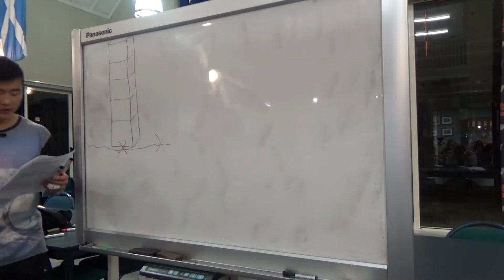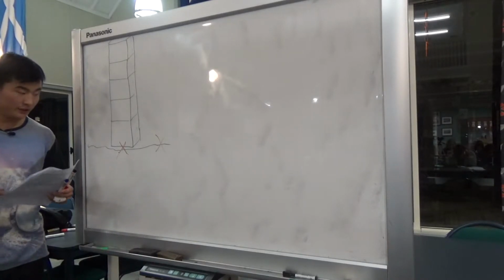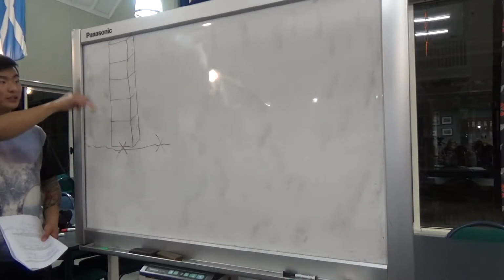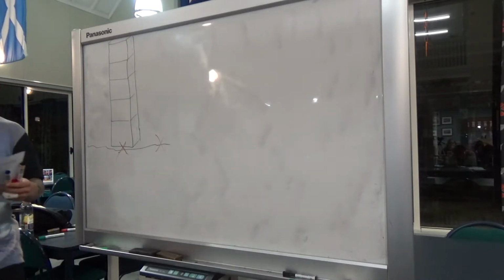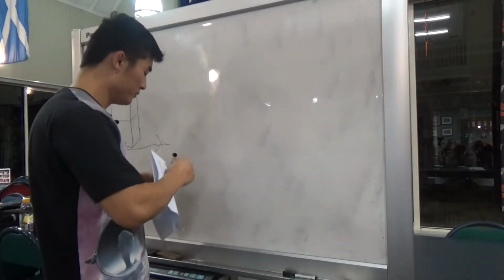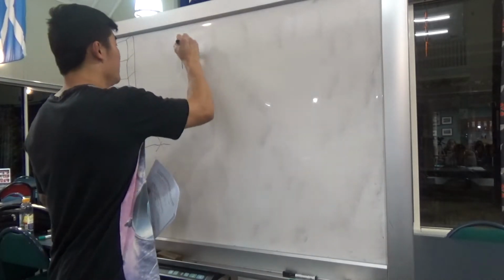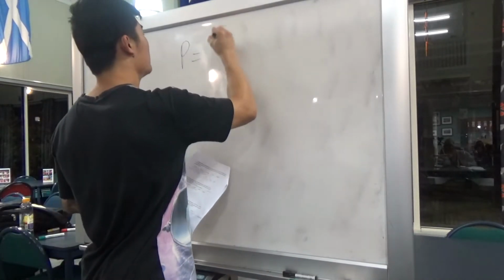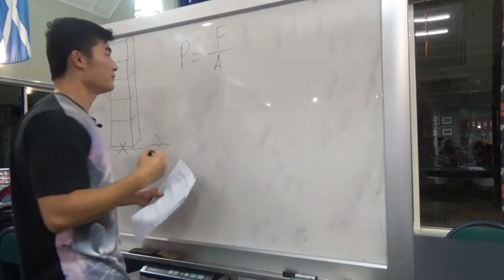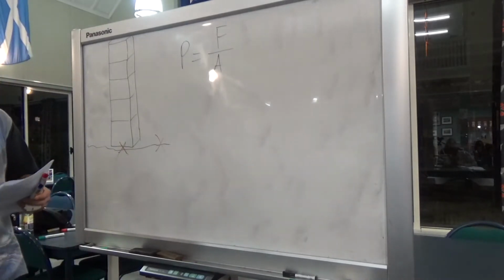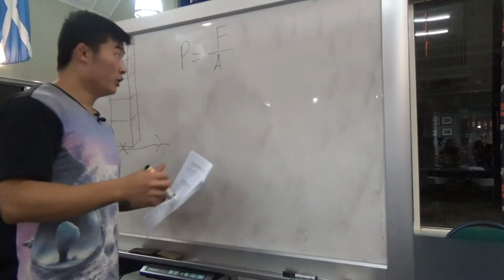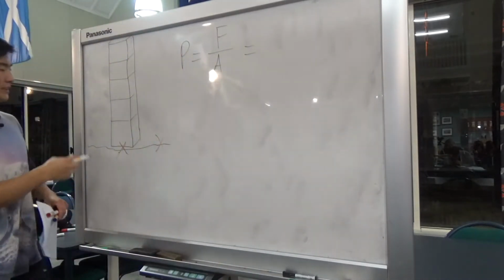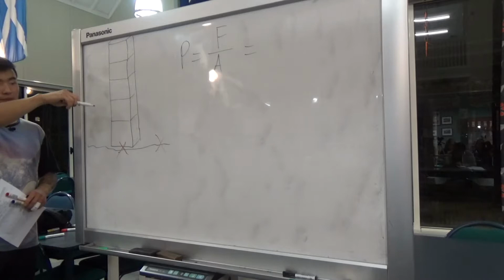So basically what you're going to do is you just need to find the amount of pressure that's being exerted by this column. So we're going to use our equation. Pressure is equal to force over area. And so the force is going to be the weight force of these cubes.